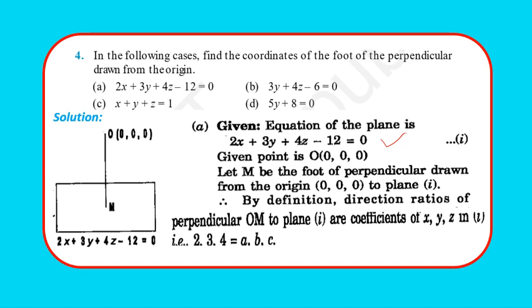So given point O is 0, 0, 0, we got origin, and let M be the foot of the perpendicular. Therefore, by the definition, the direction ratios of the perpendicular OM to plane 1 are the coefficients of x, y, z. If you remember, the coefficients of x, y, z are our direction ratios. So we get a, b, c equals 2, 3, 4. A is equal to 2, B is equal to 3, and C is equal to 4.